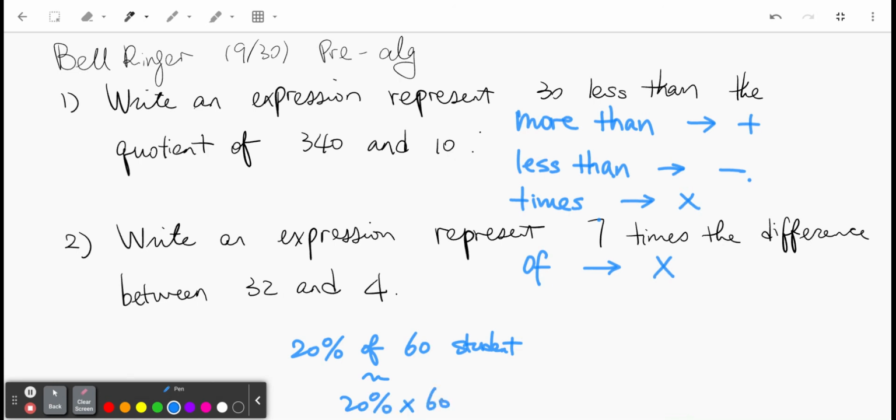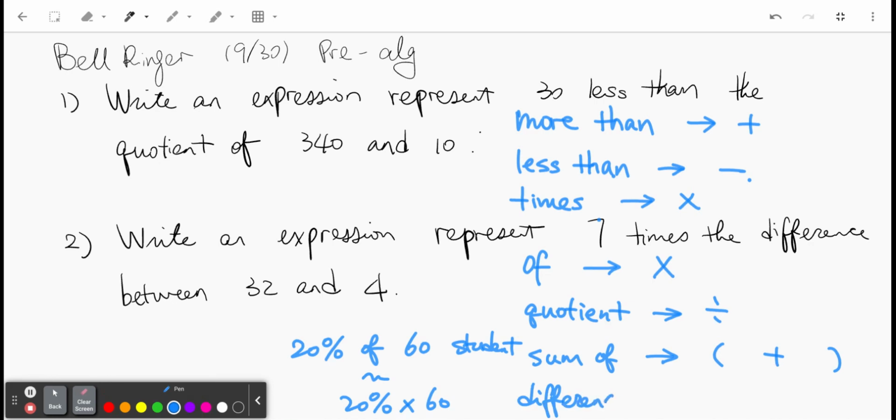Then whenever you see quotient, it means divide. And also you see sum of or sum between. Sum is parentheses and plus. Difference is parentheses with minus.